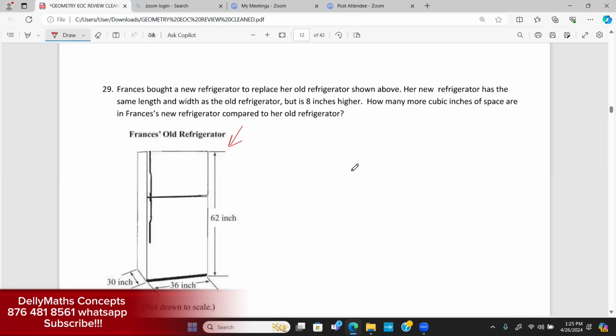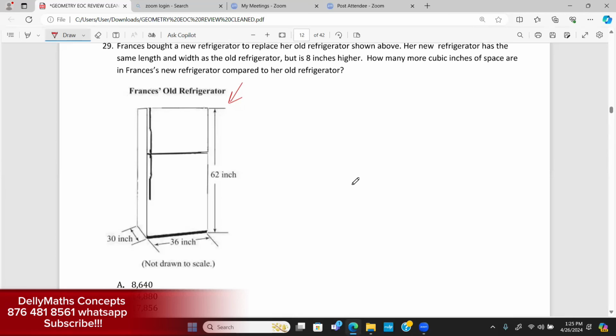So we're looking at the fact that the other one is a little bit taller. I could basically take this here and go up with it. So what's the question? How many more cubic inches? How much taller? 8 inches taller.